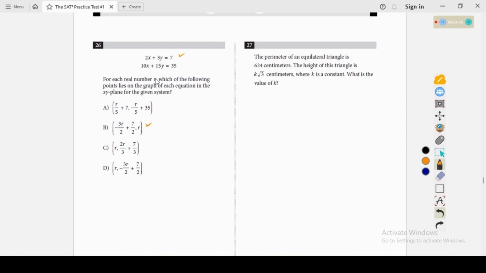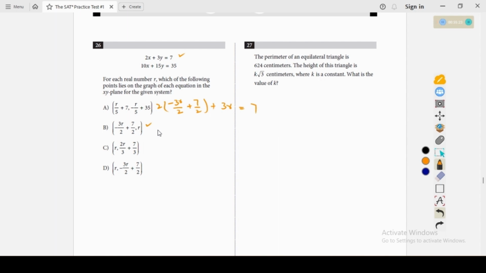The first equation becomes 2 times (minus 3r by 2 plus 7 by 2) plus 3 times r equals 7.